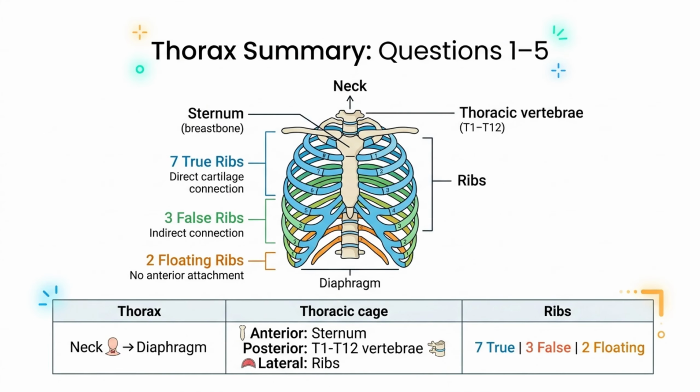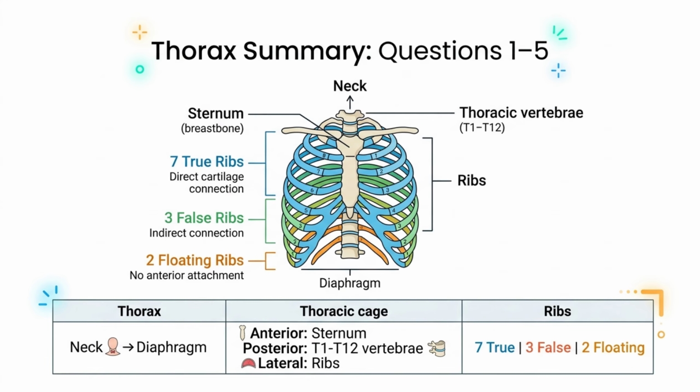Let us summarize what we have covered so far. The thorax is the region between the neck and the diaphragm. The thoracic cage is formed anteriorly by the sternum, posteriorly by the 12 thoracic vertebrae and intervertebral discs, and laterally by the ribs and costal cartilages.